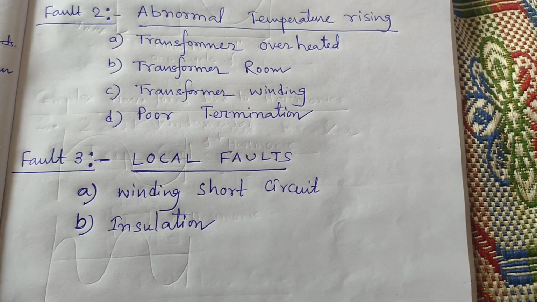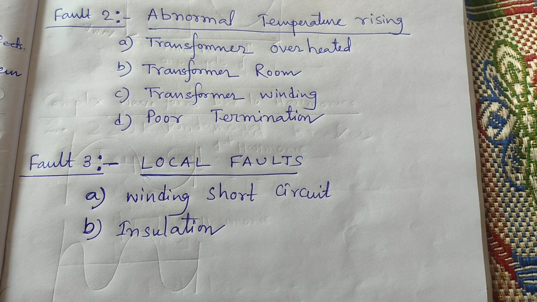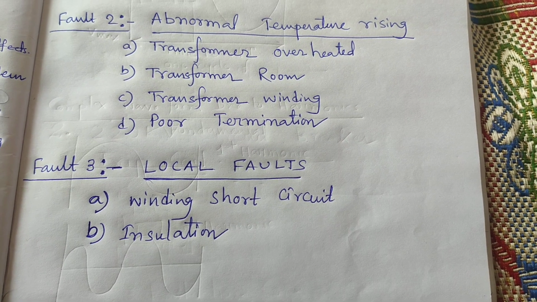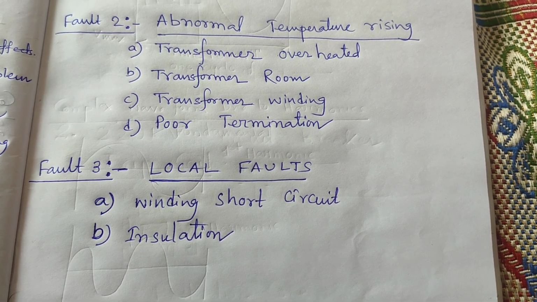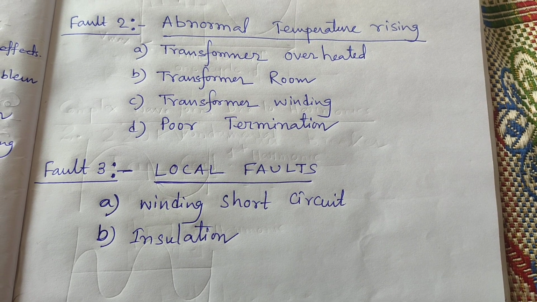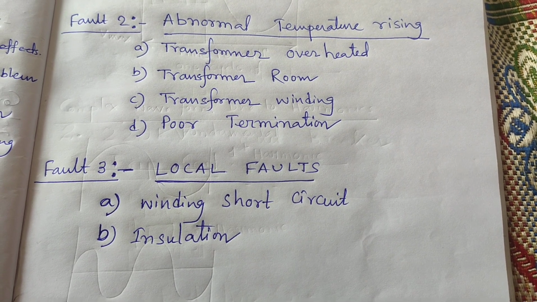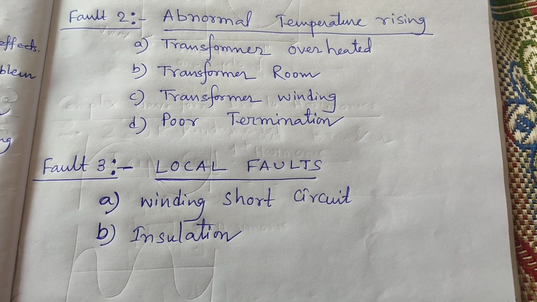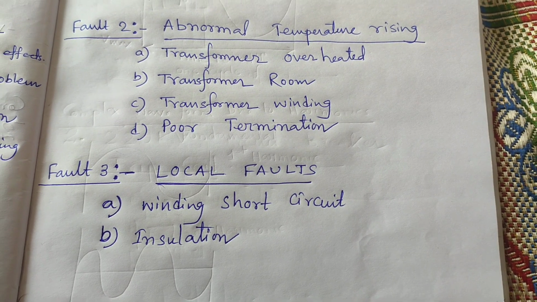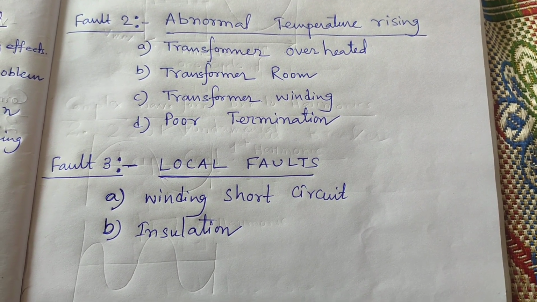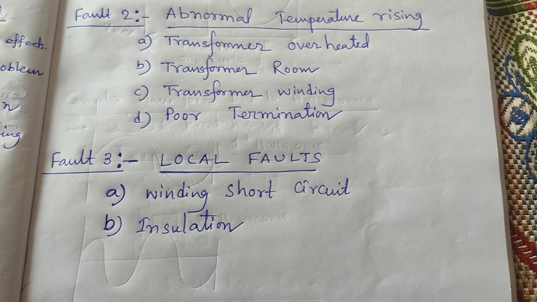And the most important thing is the breather's oil cover below. That oil cover should be checked properly and changed periodically, because that oil is like the nose of the transformer.